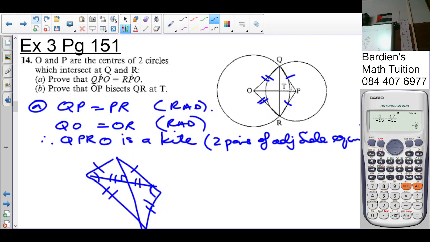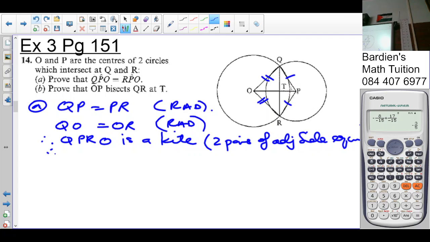Last one. The dot. The diagonal bisects the vertex angle. Can you see that? This diagonal here bisects this vertex angle. There's your dot. Can you see that, people? So let's go with that. So we now say, therefore, QPT or QPO is equal to RPO.